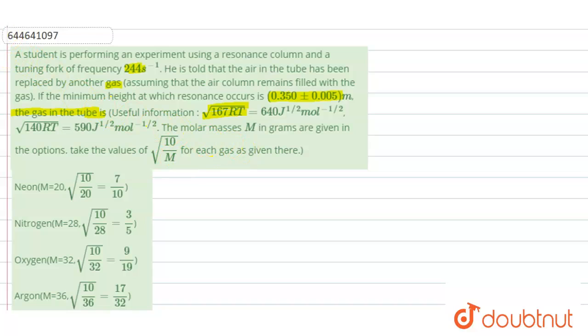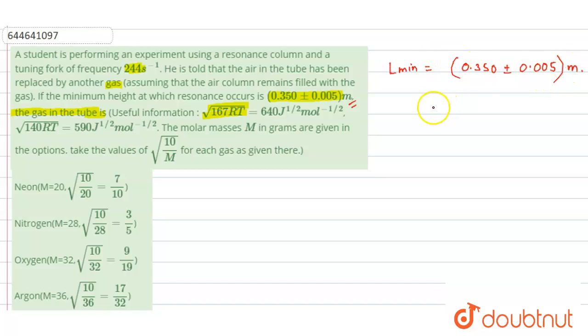Now let's try to find out, but before that we need to know that the minimum length required for the resonance is L minimum, which is 0.350 plus minus 0.005 meters. What is the meaning of this?